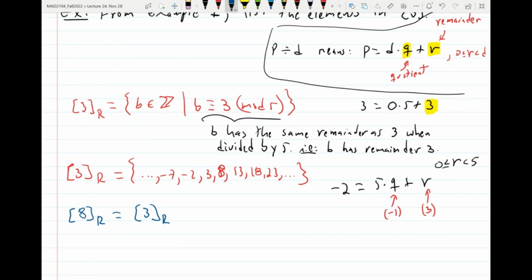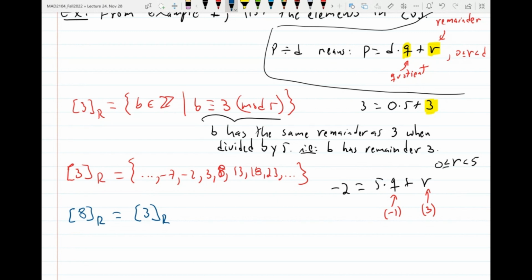Also, another way to think about it is, okay, if 3 is related to 8, then 8 is related to 3 because our relation is symmetric, right? It's an equivalence relation, so it's symmetric in particular. And also, if 13 is related to 3, and 3 is related to 8, then you also get that 8 is going to be related to 13 by transitivity.